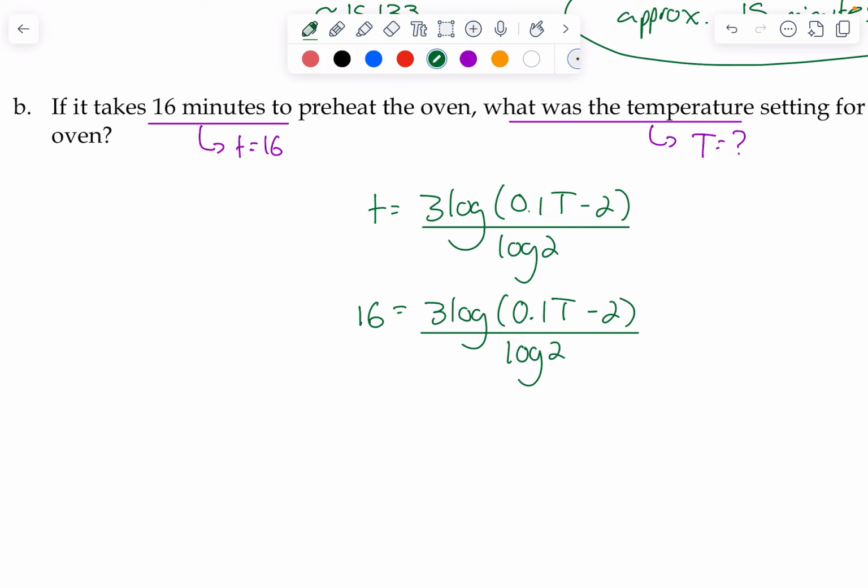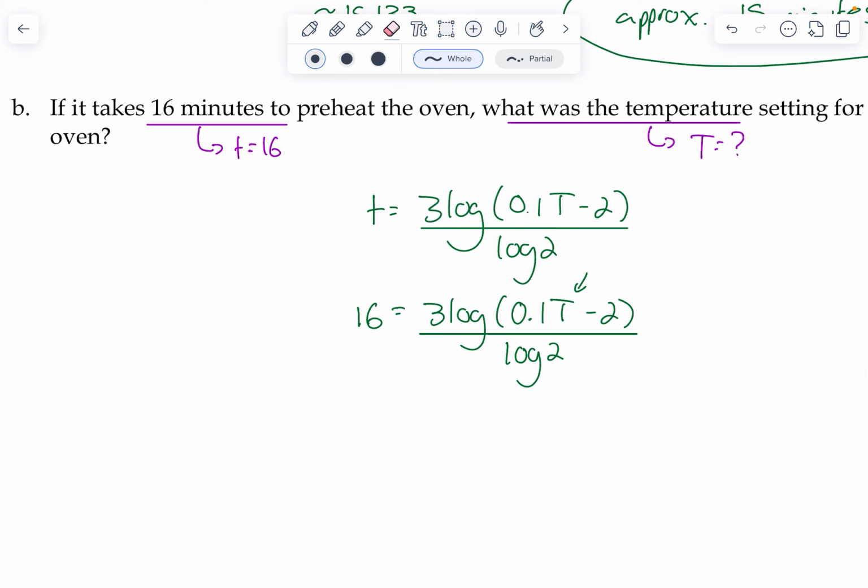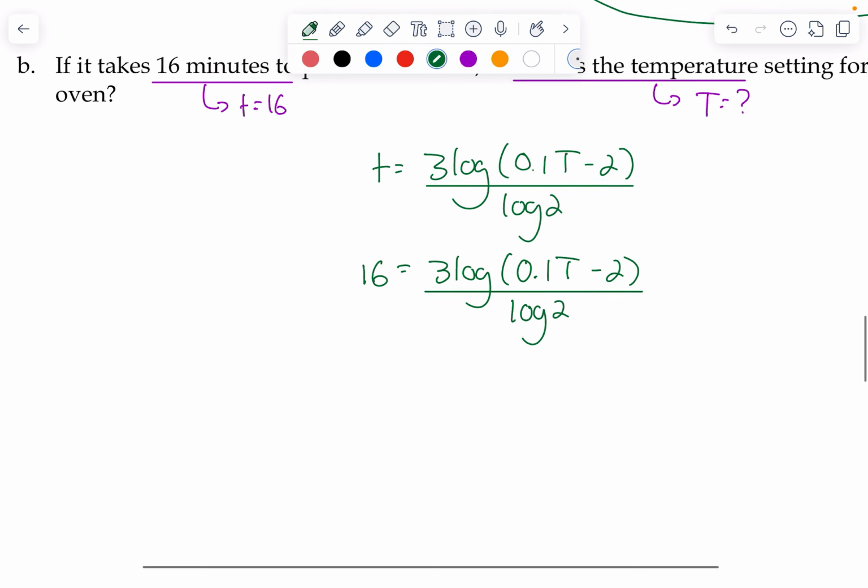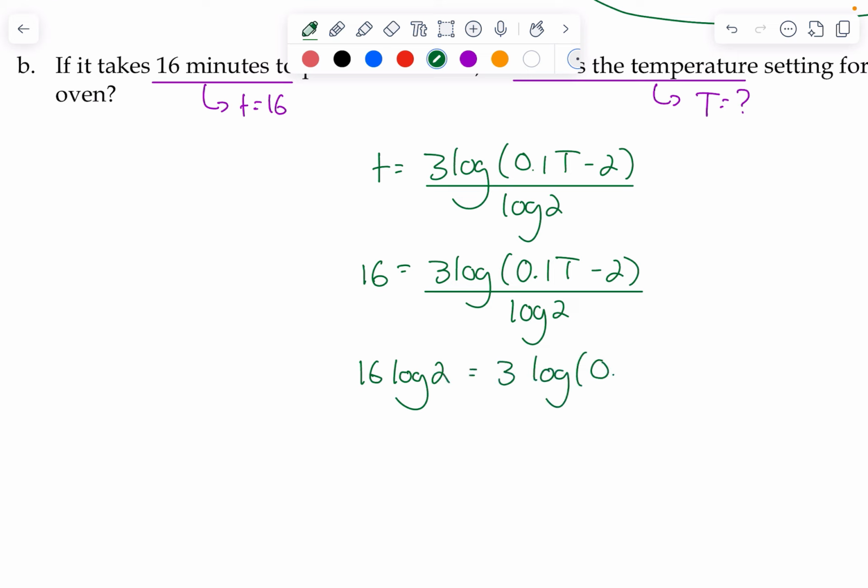And all we're going to do now is just rearrange this problem and isolate for this variable on the inside. So my first step is I need to get rid of this log 2 that's on the bottom here. So I will multiply both sides by that log 2, which will get me 16 log 2 is equal to 3 log 0.1 T minus 2.